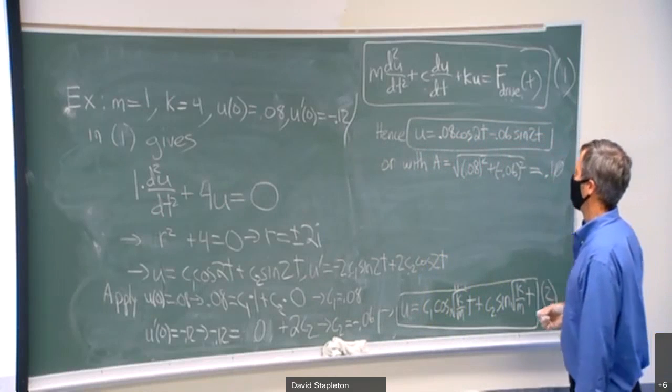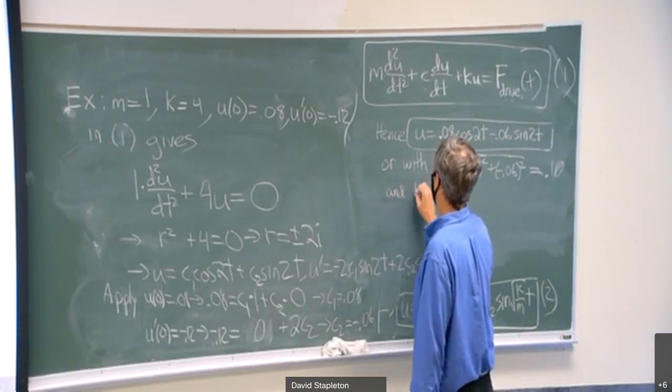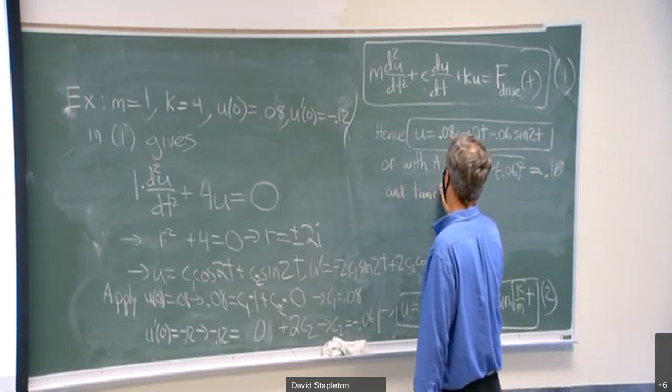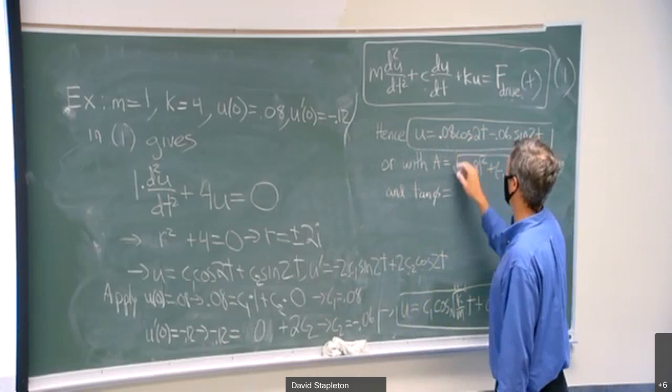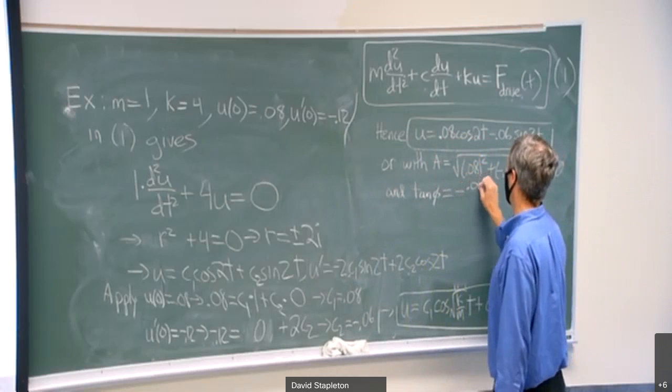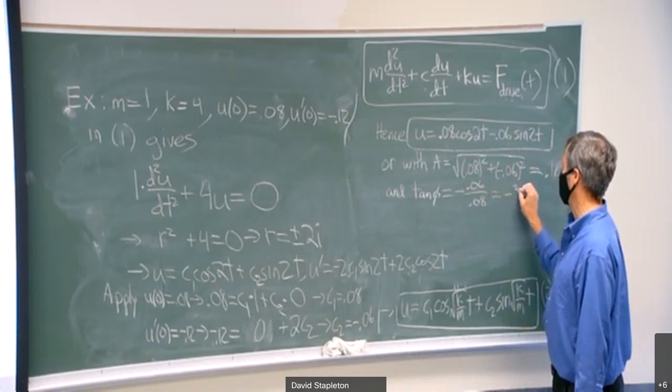And the angle, if you take tangent phi equal to C1 over C2, minus 0.06 over 0.08, is minus 3/4.